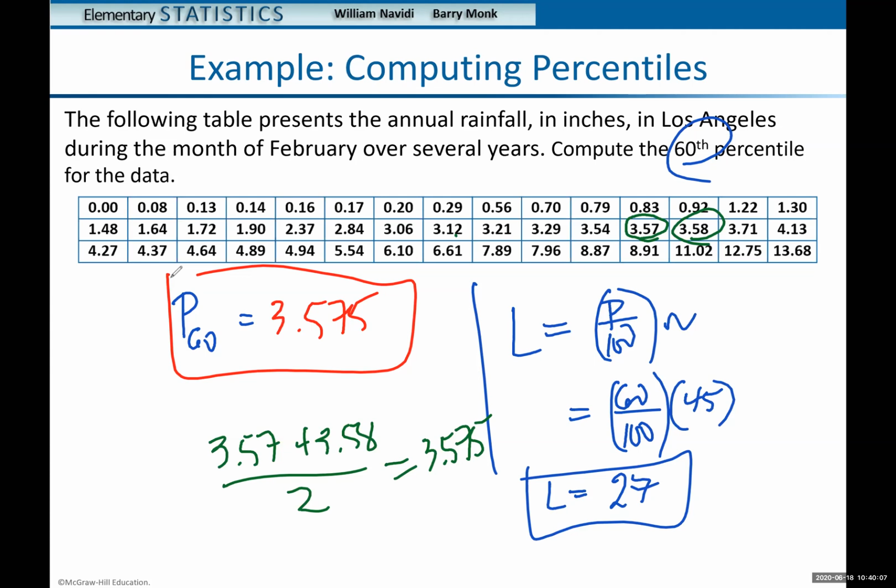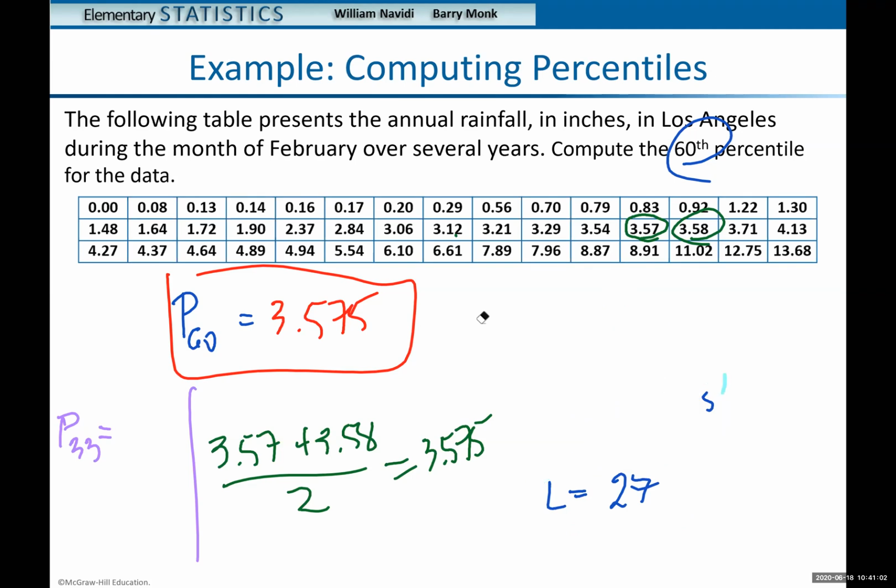Questions? Let's try another one. I want you to try on your own. Let's say P, what's a good number? Let's say 33. So P33. Find L first.